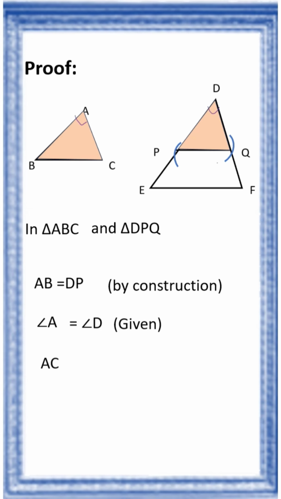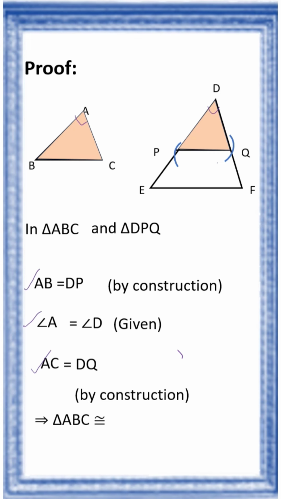So by SAS congruency criterion, what can we say? Triangle ABC is congruent to triangle DPQ. We can put triangle DPQ on triangle ABC, and here the corresponding parts are equal.